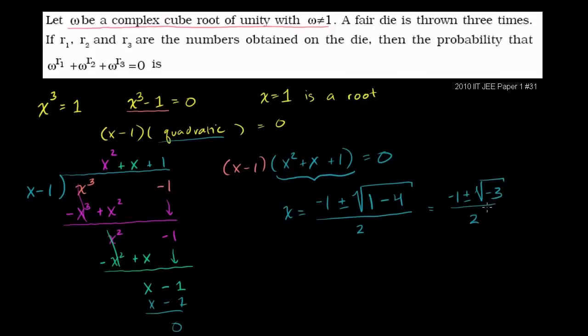Now, what's the square root of negative 3? This is the same thing as the square root of negative 1 times the square root of 3. And we know from studying imaginary numbers and complex numbers that the square root of negative 1 is i.